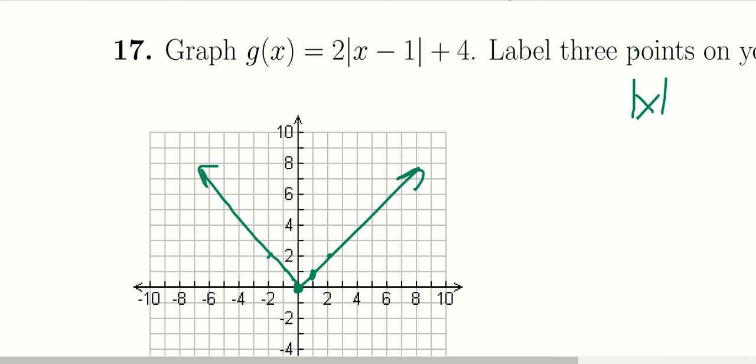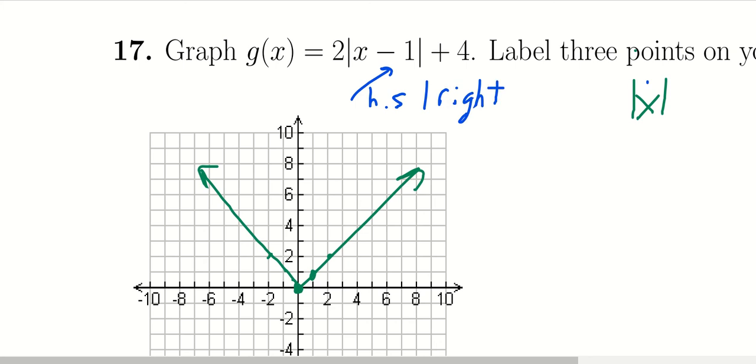Now we need to see what kind of transformations are being done to this. Notice that we have what? A horizontal shift 1 to the right. We have a vertical stretch by a factor of 2.